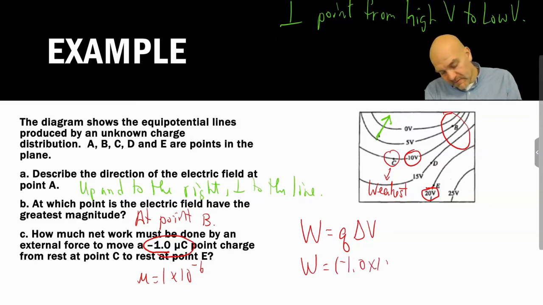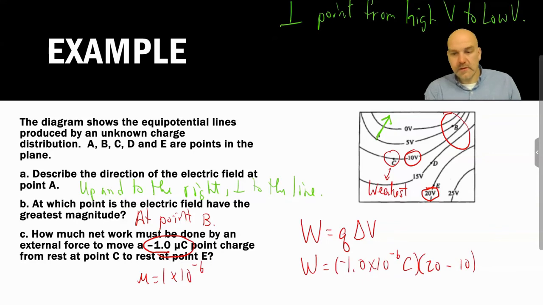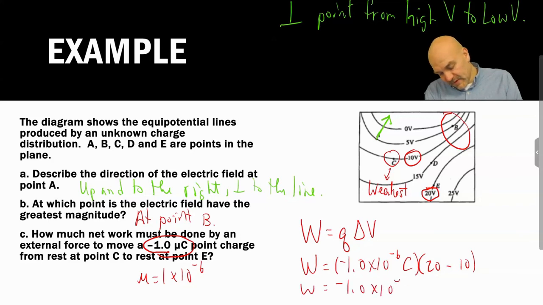So we have negative 1.0 times 10 to the negative 6 coulombs times 20 minus 10, which is a value of 10. So the work we have to do is 1.0 times 10 to the negative 5 joules.